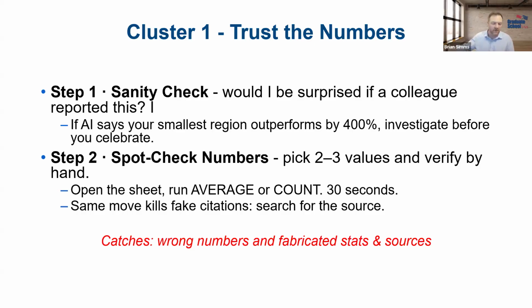It may turn out that it removed duplicates or did some other great thing that it totally should have done. But about half and half, at least in my experience, sometimes it's a really good reason for doing what it did, sometimes it isn't. So again, a remarkable amount of stuff you'll find can be caught just in these first 2 steps, the sanity check and a little spot checking.